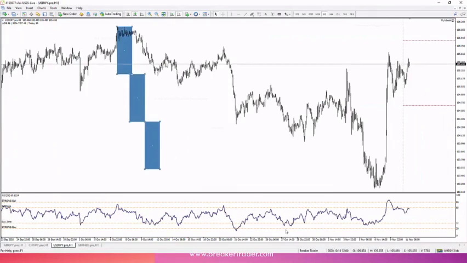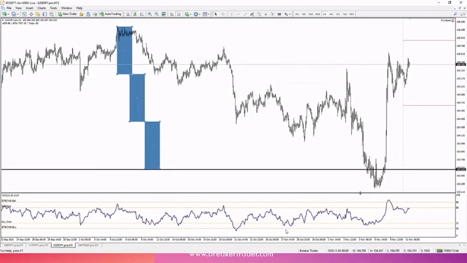What did price do? Move down, back up again, down, back up again, down, pushed up again, down. And look what happened when it got to roughly 3 times its ADR level. Consolidated, and then bang, push back up the other way.